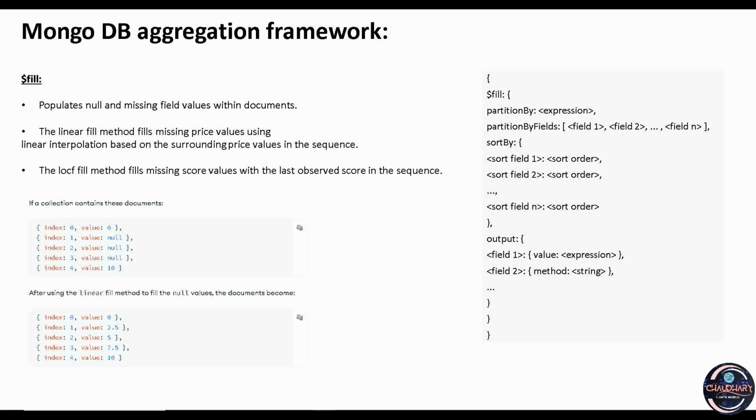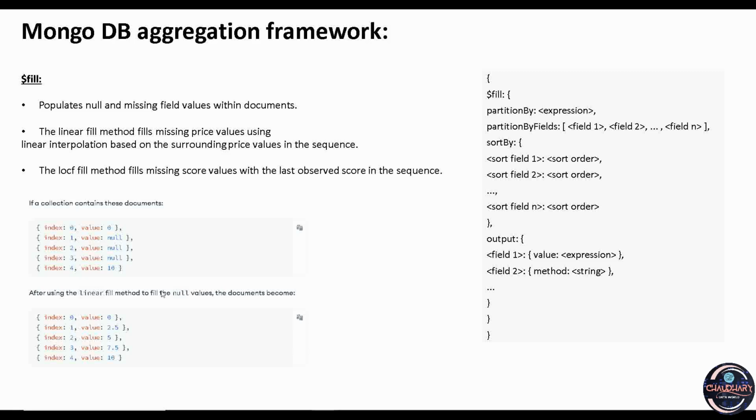How it is calculated is a separate story; there is a formula for it, and you can check it on the internet under linear interpolation. That particular formula is applied to each of the data points, and it assigns the value. This is how the linear method is working.